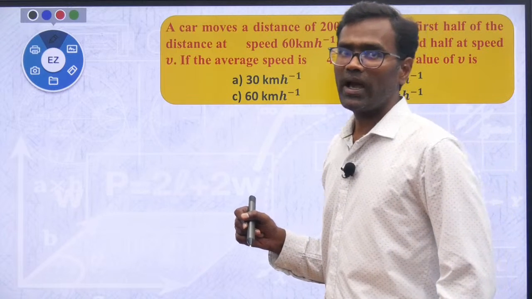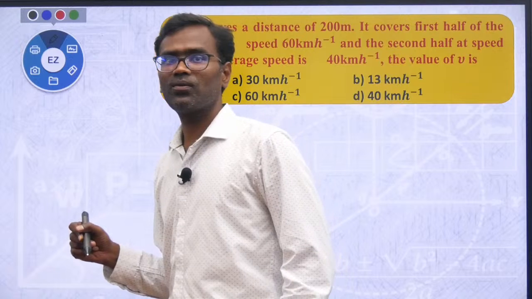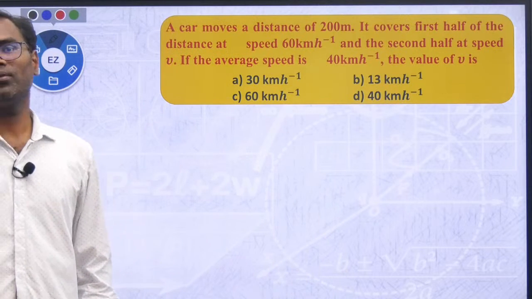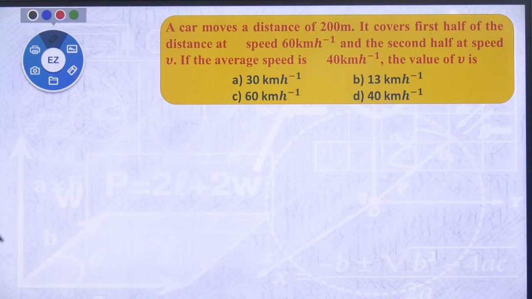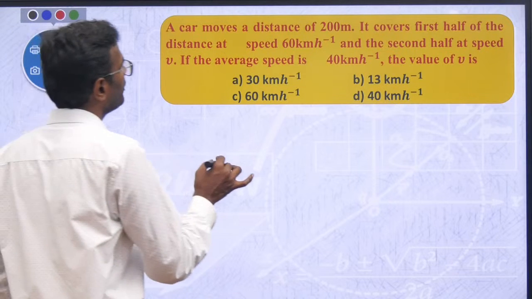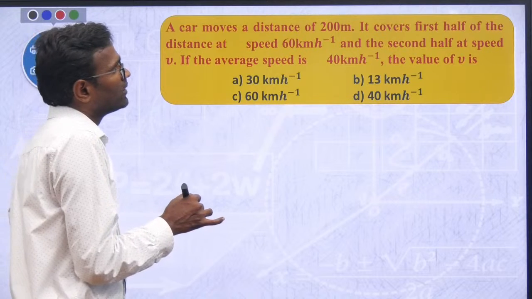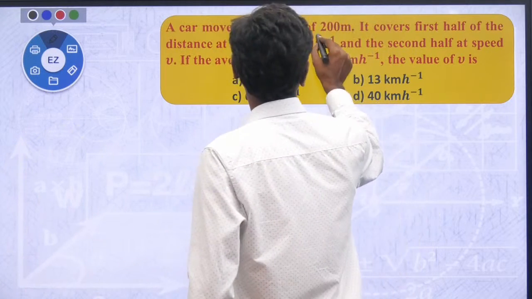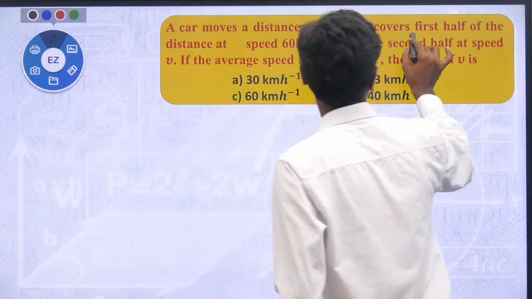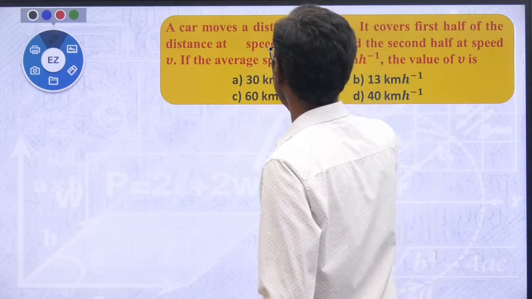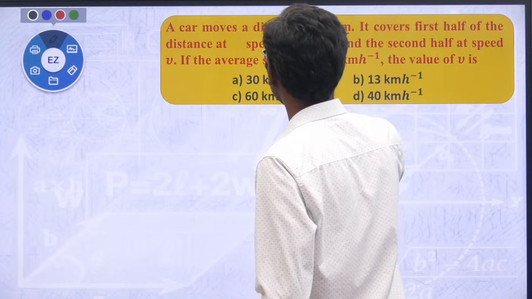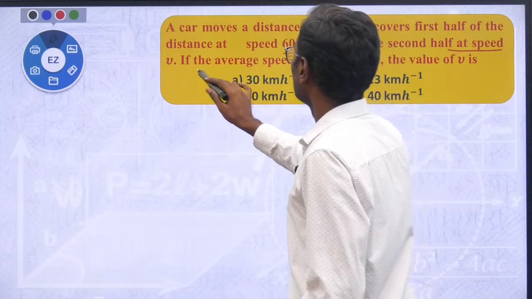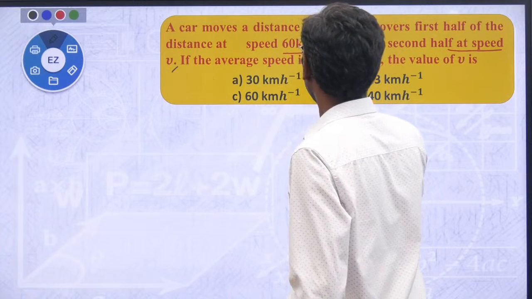If the average speed is 40 km per hour, then the value of v is? One car is moving along a straight line. The total distance is 200 meters. First half of the distance means 100 meters. So for the first 100 meters the speed is 60, for the second half the speed is v, and the average speed is 40.